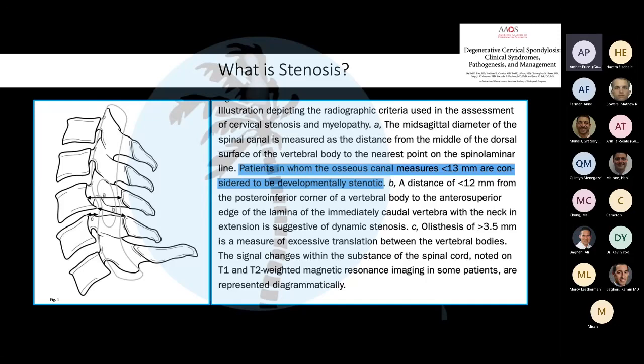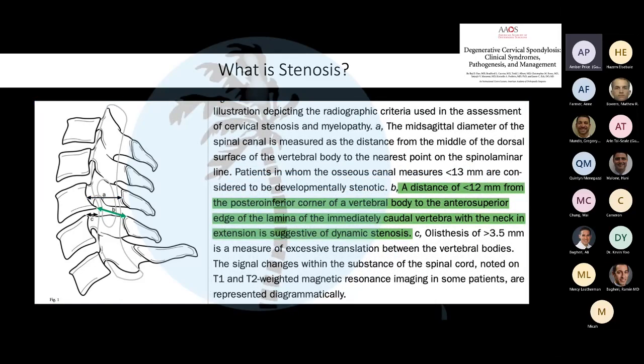So what is stenosis when you're looking at the imaging? You can also use the osseous canal measurement. An osseous canal measurement of less than 13 is considered to be developmentally stenotic. You can also look at what they consider to be a dynamic stenosis.